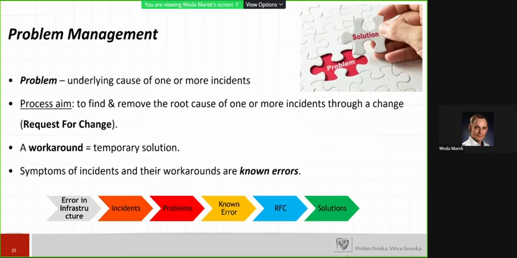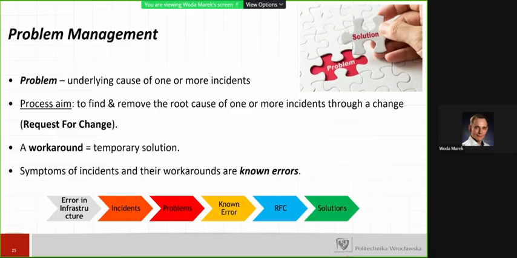Okay, so considering the diagram down below, if we find some problem, or maybe not a problem but an incident in the infrastructure, or an error, that is simply recognized as an incident. If the incident cannot be remediated instantly and we don't know what caused it, that then becomes a problem.